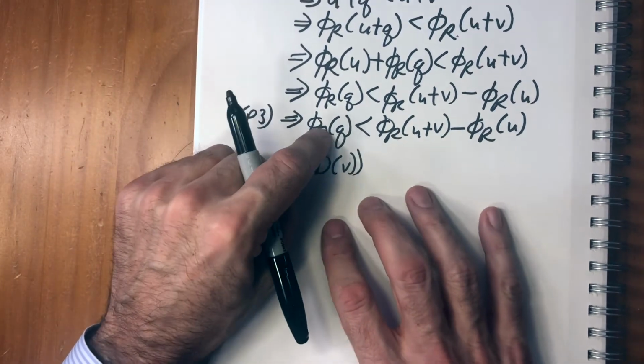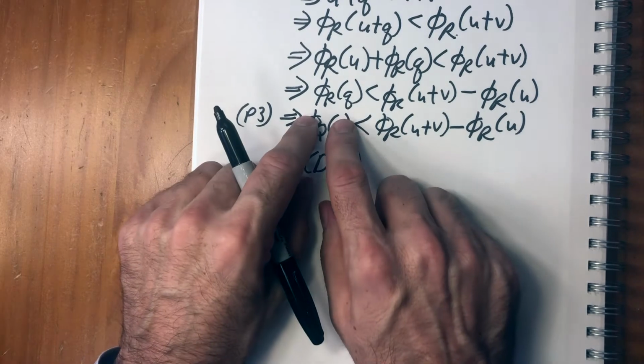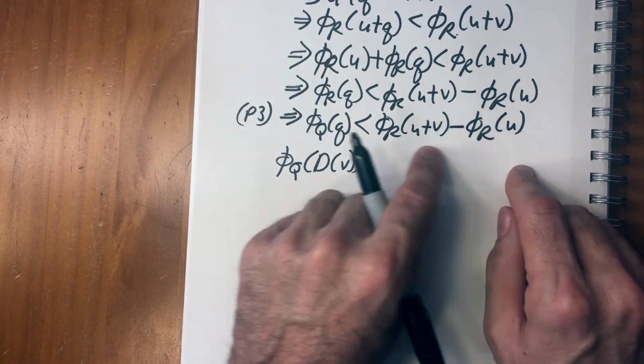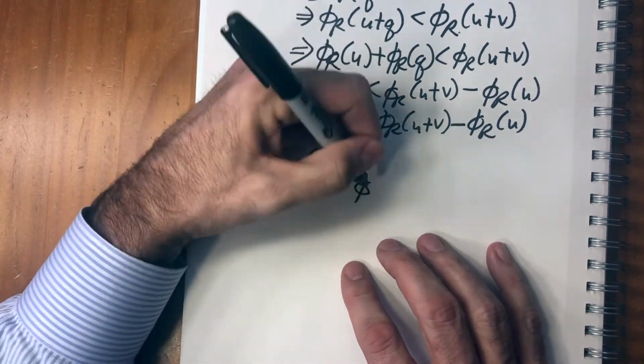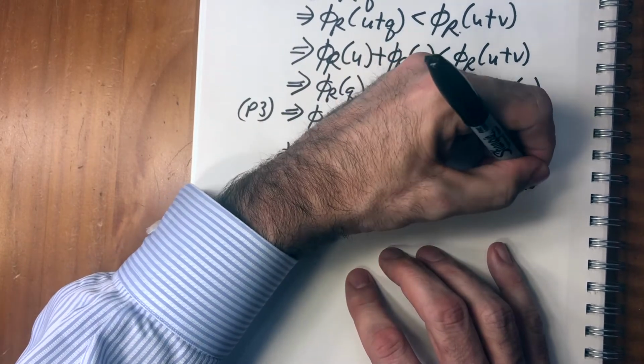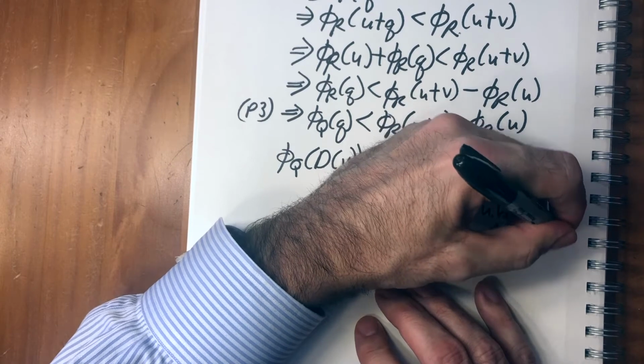This with all q less than v is the set phi q of dv. And if this is greater than all of the elements of this, that means that this is an upper bound. So phi r of u plus v minus phi r of u is an upper bound of phi q of dv.